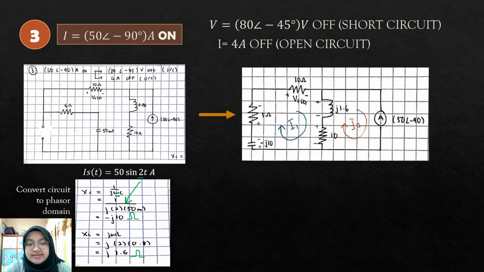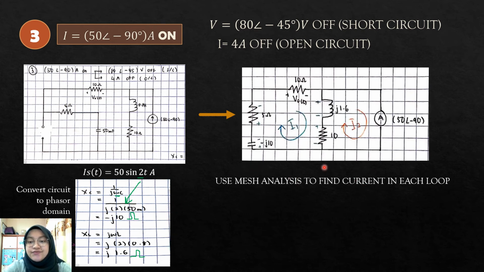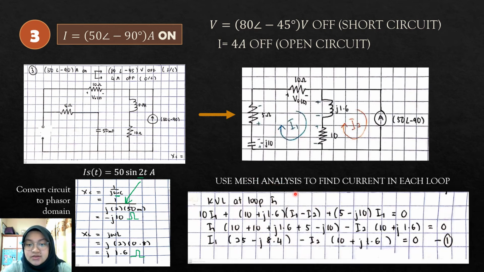As we can see here, I use mesh analysis to find the current of each loop. Because I want to find the V naught here, I want to use Ohm's law, and to get the current, I find it by using mesh analysis. First I find the equation at I1.